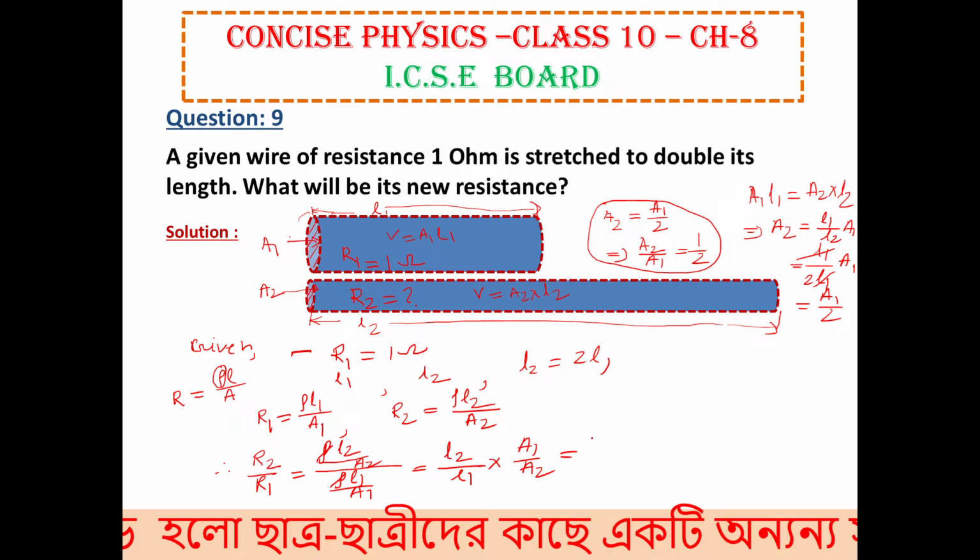L2 is 2L1, and A2 is A1 by 2. If I cancel L1, L1, A1, A1, we are getting 4. So I can write finally R2 equal to 4 into R1. Again R1 is given 1 ohm, so finally we are getting 4 ohm. So the answer is 4 ohm.